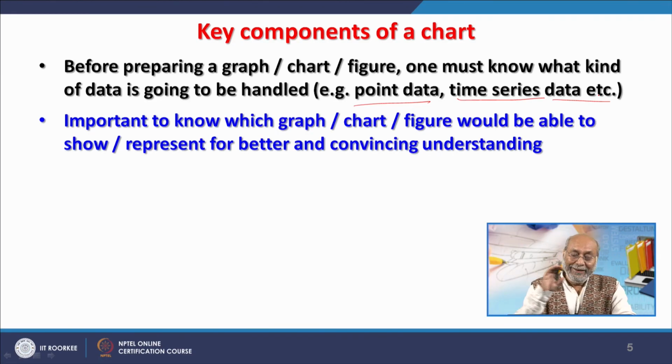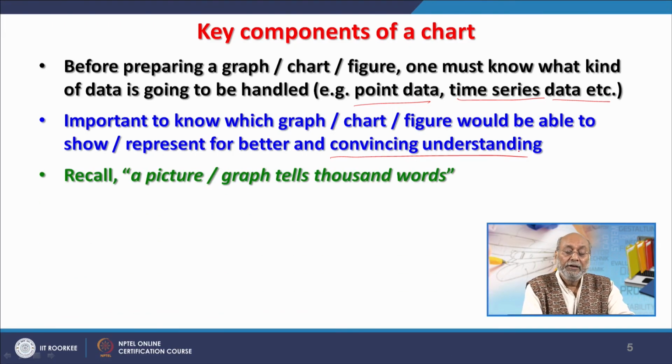If I give the example of Excel, which is used extensively, once the data is there, you can choose different options, and the one which is really good for communicating your message and convincing understanding should be used.